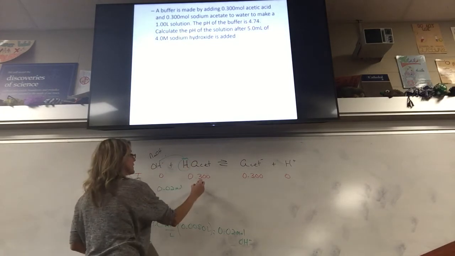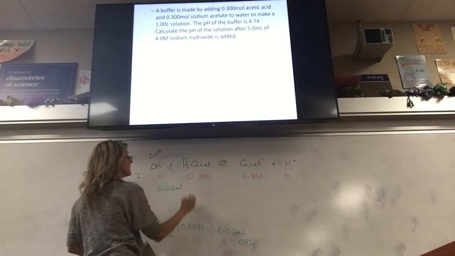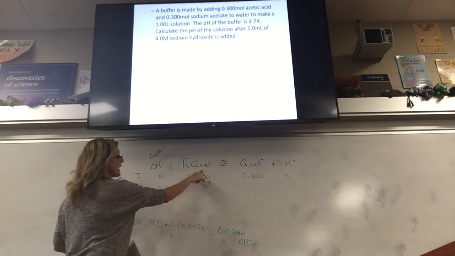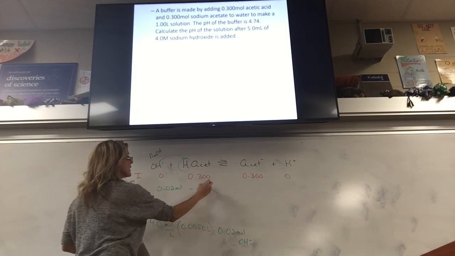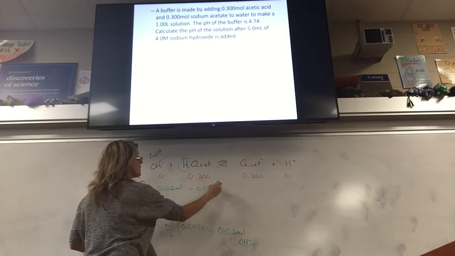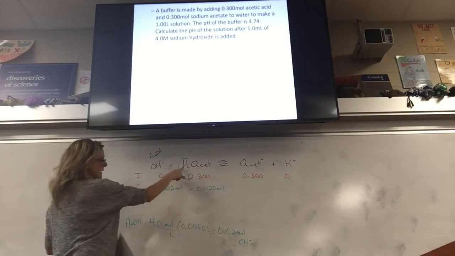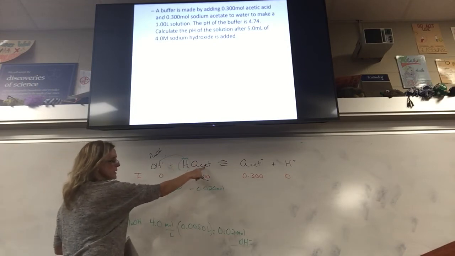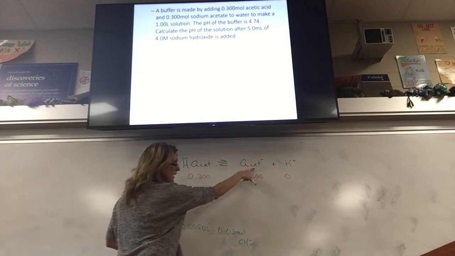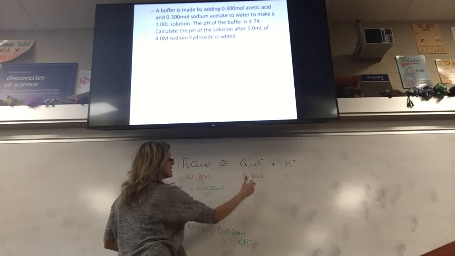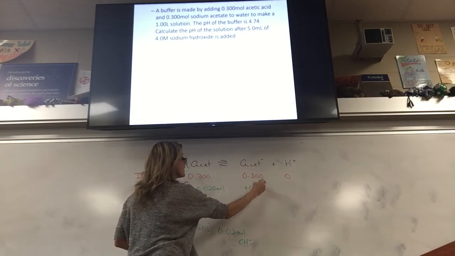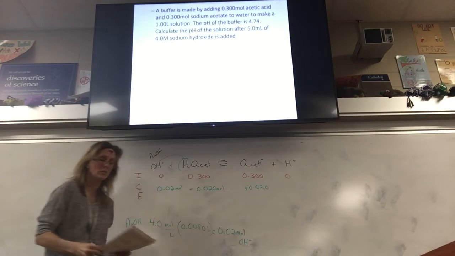So the amount of weak acid is going to go down by 0.02 moles. And as it reacts with the hydrogen ion, it's going to cause the anion, the conjugate base, to increase by 0.020 moles.